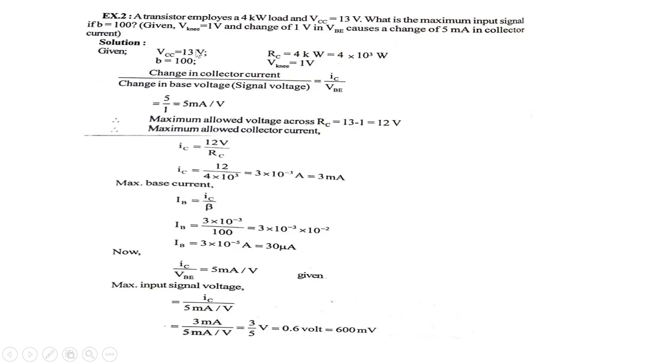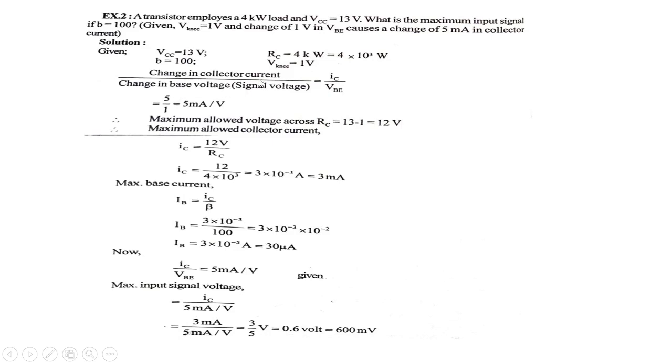Given VNI equal to 1 volt and change of 1 volt in VBE causes change of 5 milliampere in collector current. Now see VCC equal to 13 volt, beta equal to 100, VNI equal to 1 volt, RC equal to 4 kilohm, that is equal to 4 into 10 raised to 3 ohm.